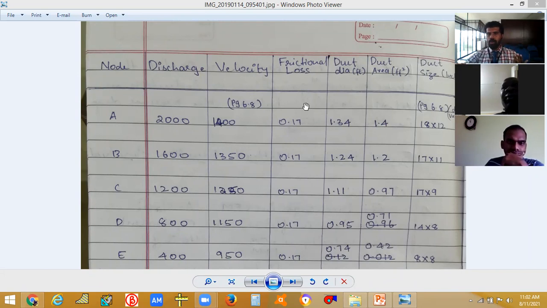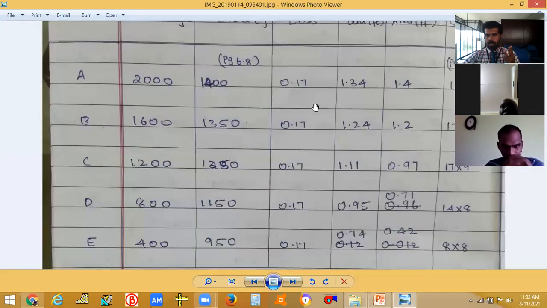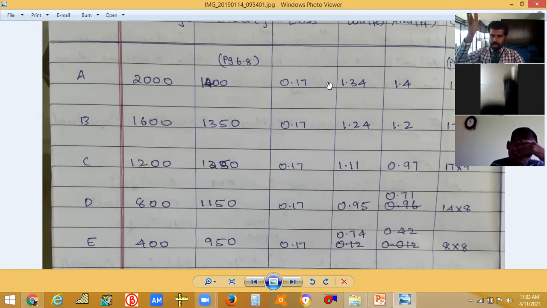Here we got 0.17 as the friction loss, so directly give 0.17 for all other nodes, A, B, C, D, E, in your tabular form, because the method that we are using here is the equal friction method.